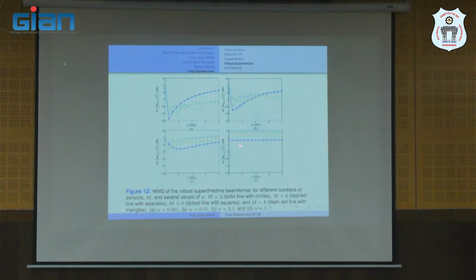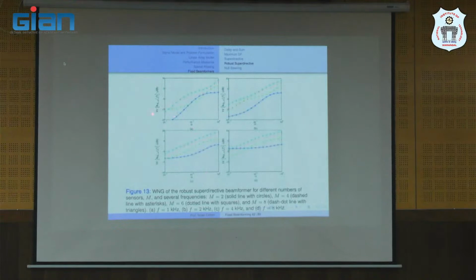Okay? So this is the delay and sum in this case. You see, we know that the white noise gain is maximal. So of course, as we increase alpha, the white noise gain increases. If you compare the blue line here to the blue line here, it's larger. And here it's larger, and here it's larger, for any frequency.